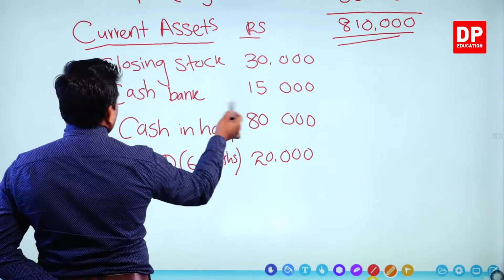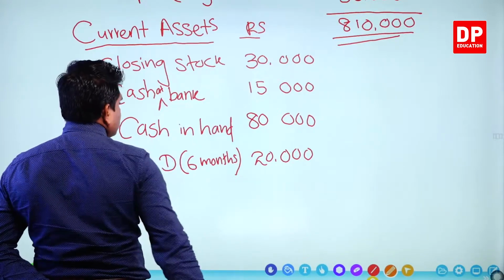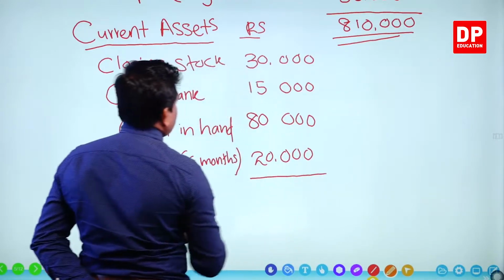Here cash bank, no, it should be cash at bank, right? Cash at bank. Now take the total current assets.